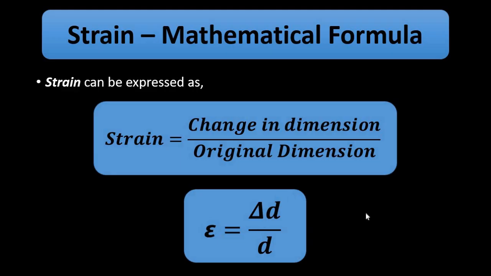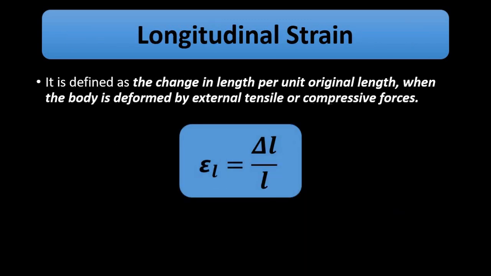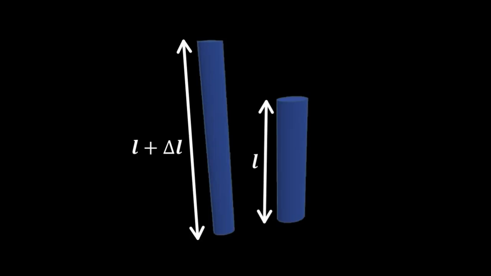So here we are mainly focused on strain of length, delta L by L. So basically we are focused on longitudinal strain. Okay, the change in length per unit original length, delta L by L.